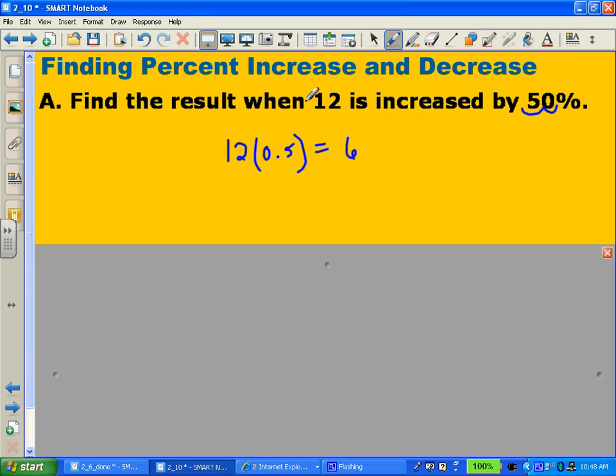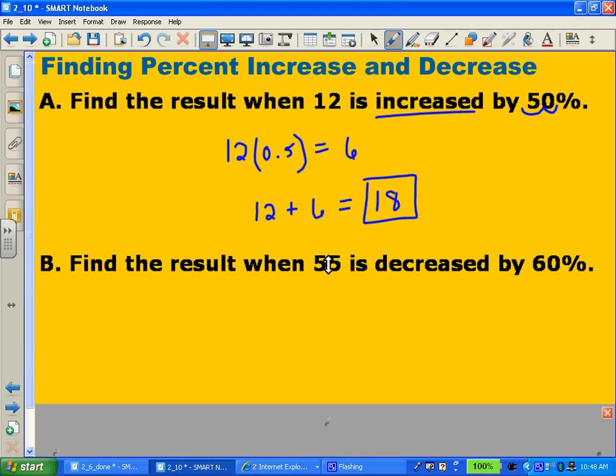Well, 12 times 0.5 is 6. Now in my problem it says 12 is increased by 50%. So that would mean 12 plus 50%, which would be 12 plus 6. So the result would be 18. And that's how I would do that one.